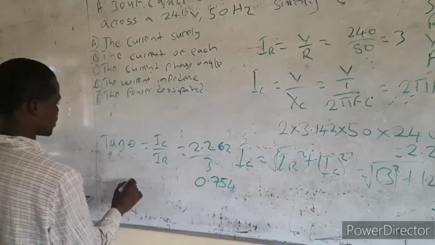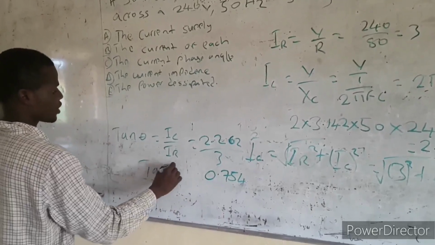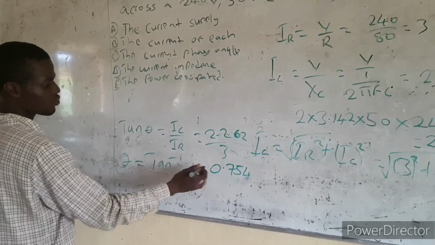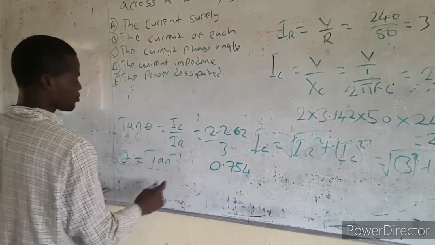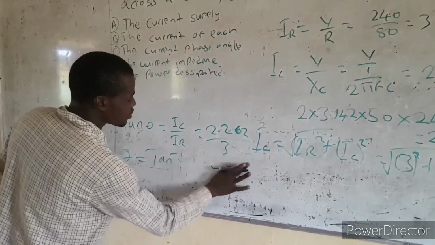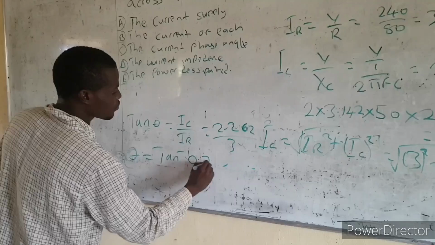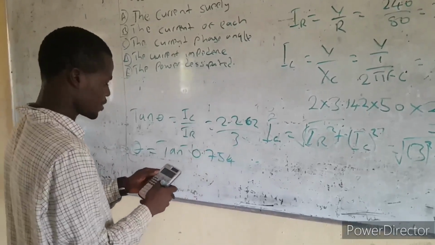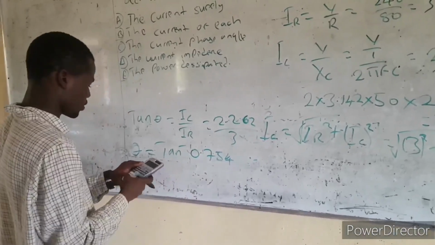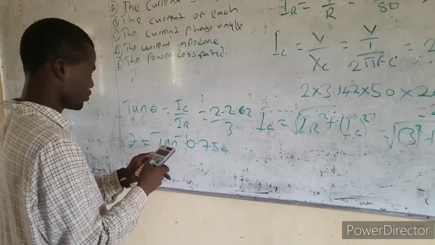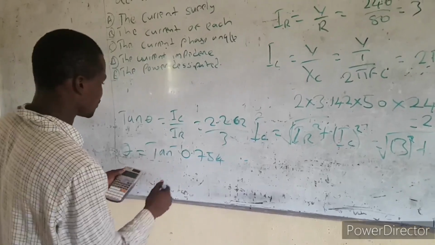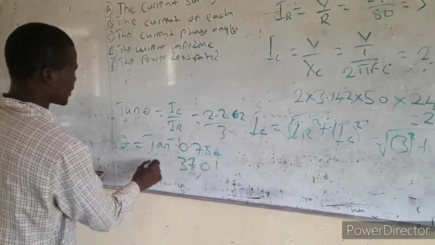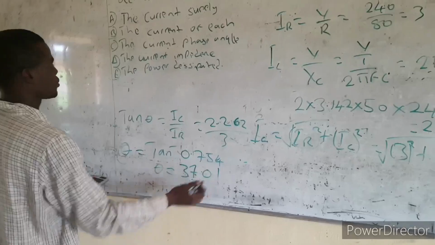Now we take the tan inverse. Theta equals tan inverse of 0.754. Taking shift tan of 0.754 gives us 37.01. So theta is equal to 37.01.